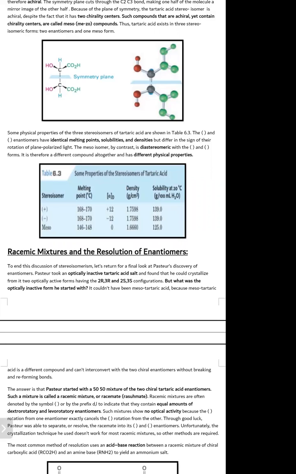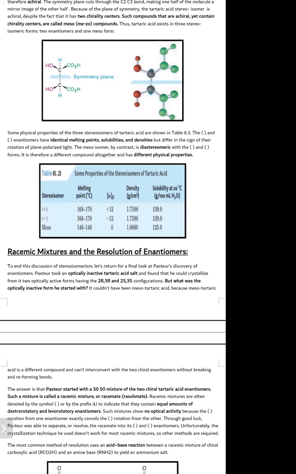The table lists stereoisomers plus, minus and meso, with melting point, specific rotation, density, and solubility at 20 degrees Celsius in grams per 100 ml H2O. The isomer in positive form has a melting point of 168 to 170, a specific rotation of plus 12, a density of 1.7598, and a solubility at 20 degrees Celsius of 139.0.